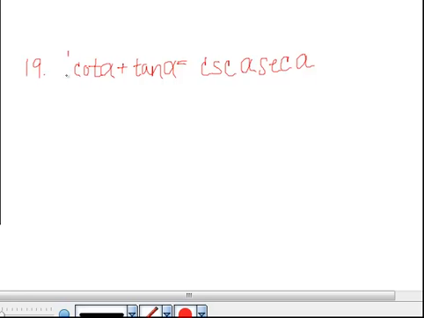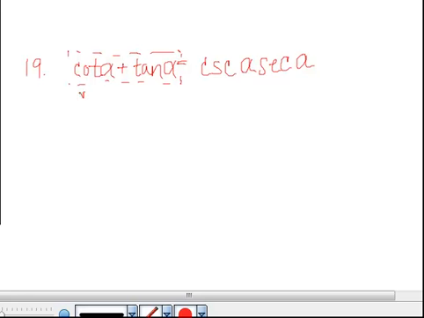So again, I am going to work with this left side here. That may not always be the case, but I'm going to go ahead and rewrite cotangent of alpha now in terms of cosine and sine. Cotangent is the reciprocal of tangent, so it's not opposite over adjacent, and remember opposite is the vertical motion, which is sine. So tangent is sine over cosine.